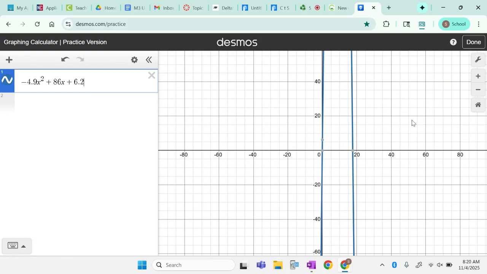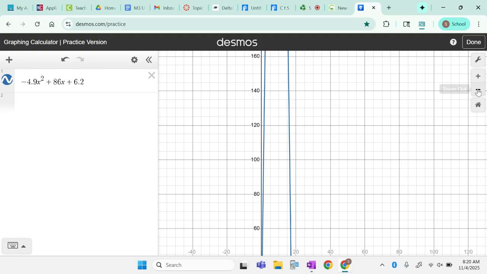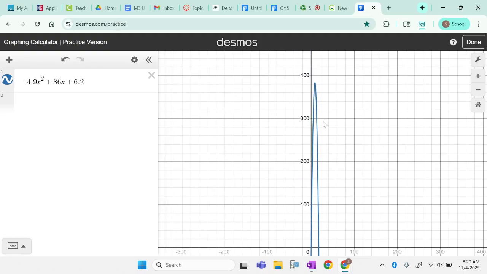So if it says that its max height is when t is equal to 8.775, all right, we don't know for certain that that's the vertex or not. It just says it's peak height. So this could be it, but what's another way we could have done that if we didn't know it was the vertex? What's the way we could have checked?